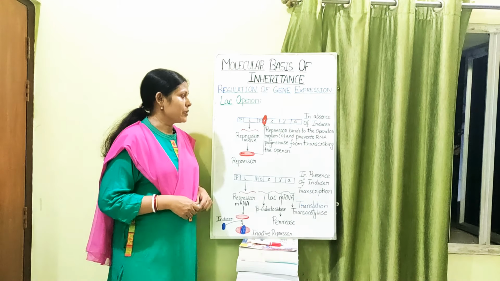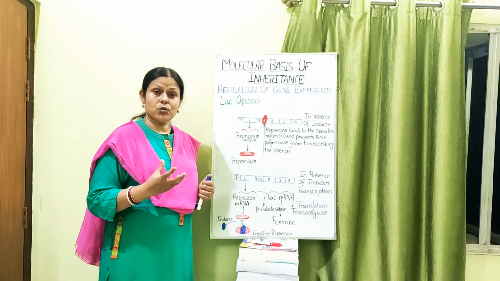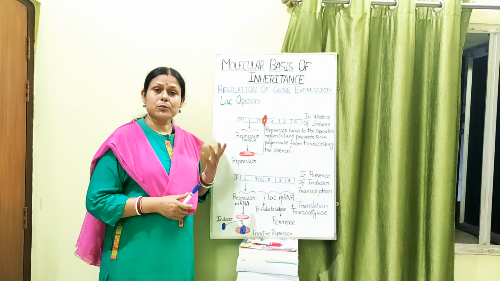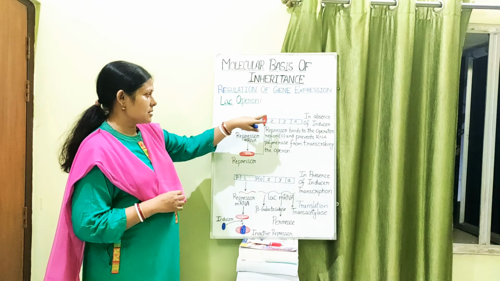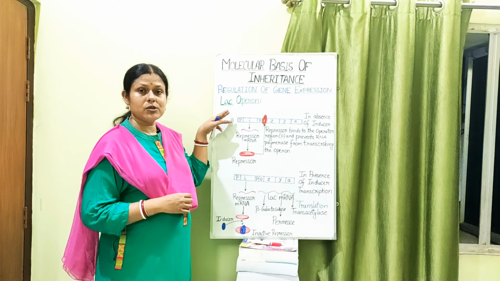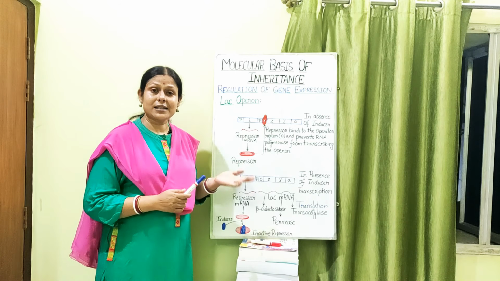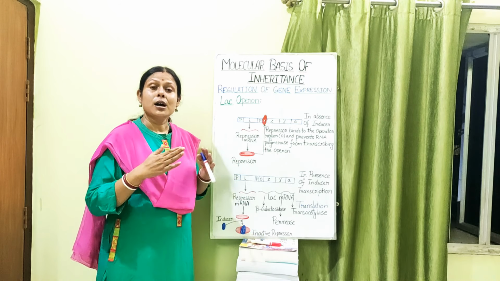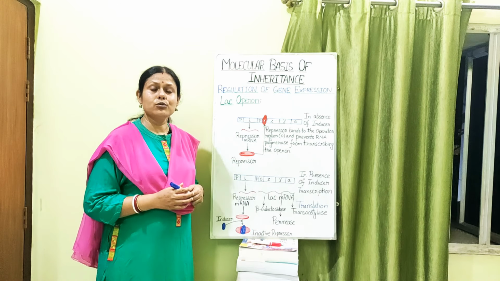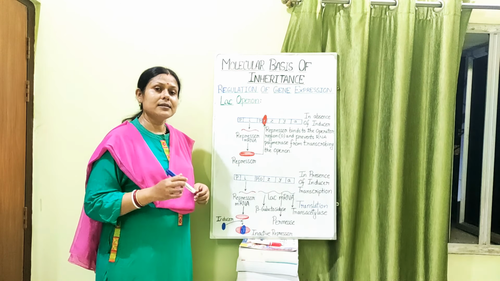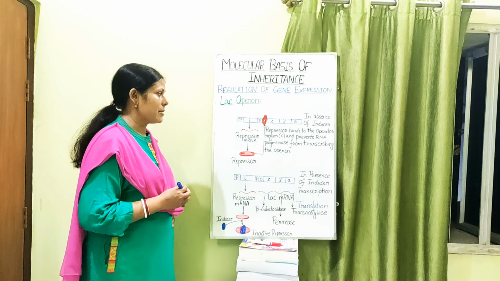In case of the Lac Operon, the polycistronic structural genes are controlled by a common promoter and regulatory elements. Suppose this is the segment of the DNA which needs to be transcribed for producing the enzymes which will act upon lactose to break it into glucose and galactose, which will be utilized as a ready source of energy by the E. coli bacteria.